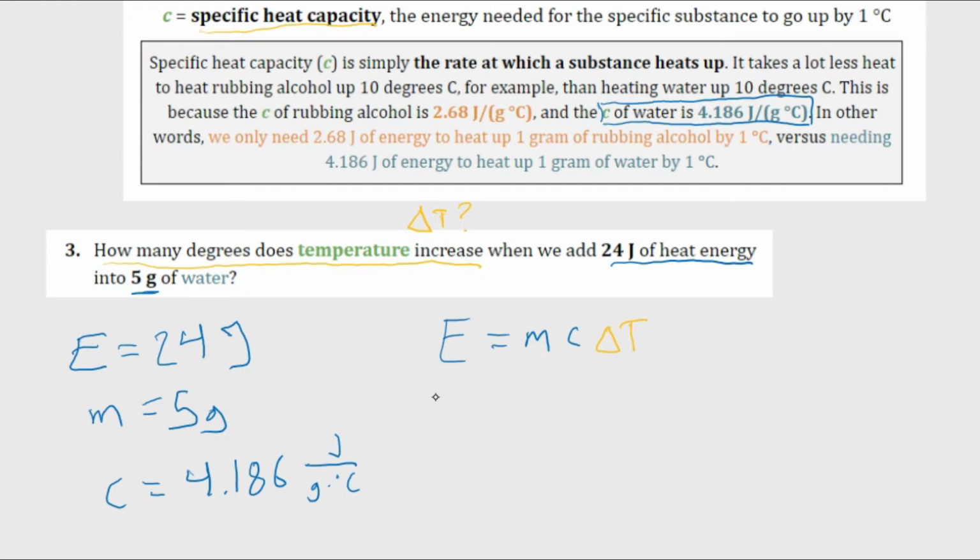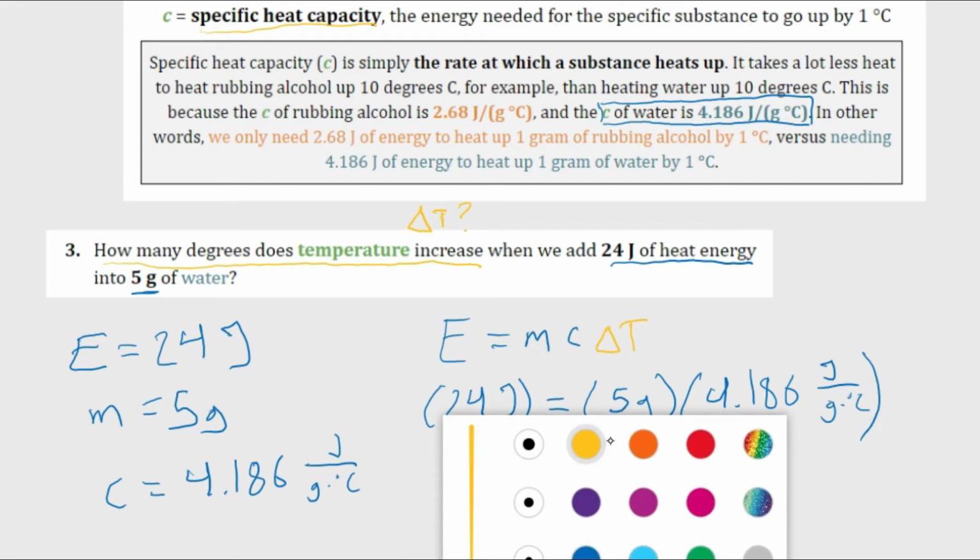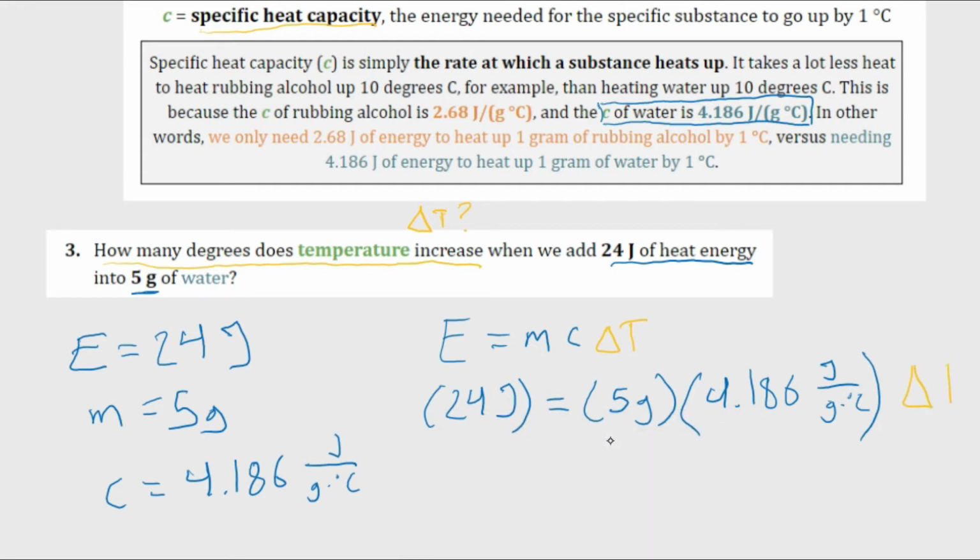On our left side, we have 24 joules, right, is equal to what? To 5 grams multiplied by that rate, that 4.186 with a J on top and a gram in the bottom, as well as a degree Celsius. Okay, multiplied again by what we're looking for. We're just going to leave that as a triangle T for now.